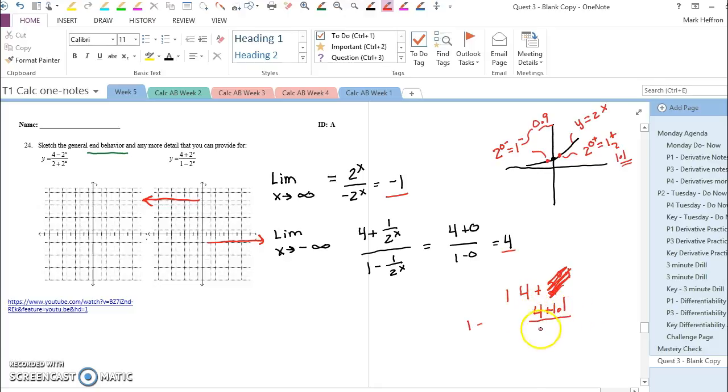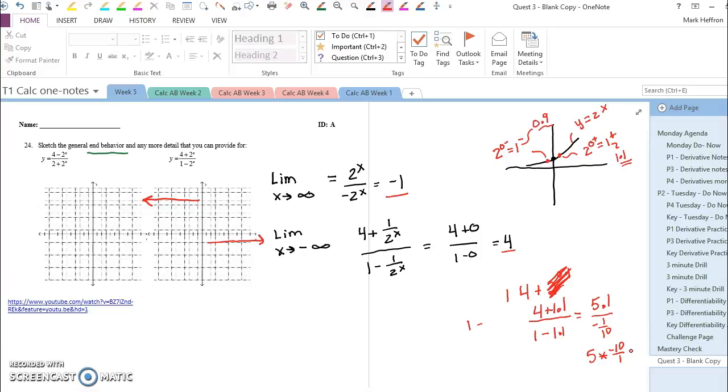And on the bottom, we have 1 minus something slightly greater than 1, 1.1. So think about maybe about 5.1. And 1 minus 1.1 would be negative 1/10. When we invert and multiply this, we're looking at 5 times negative 10 over 1. This is a very big negative number.